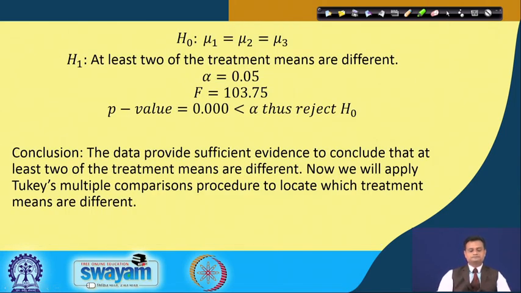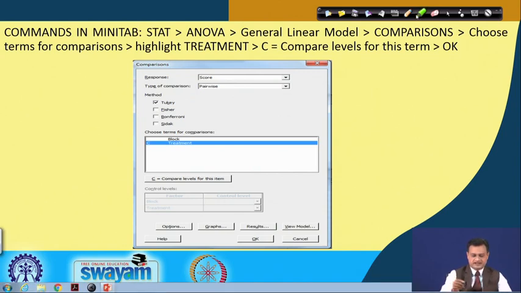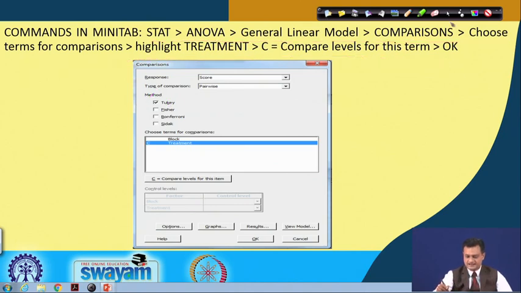So you have that the treatment means are different. If I want to check, you can just operate with Tukey's test. Go to Minitab Stat, ANOVA, general linear model, comparisons, then treatment and compare. Press OK, and you will have this Tukey's test to click. That will basically compare the pairs of means.